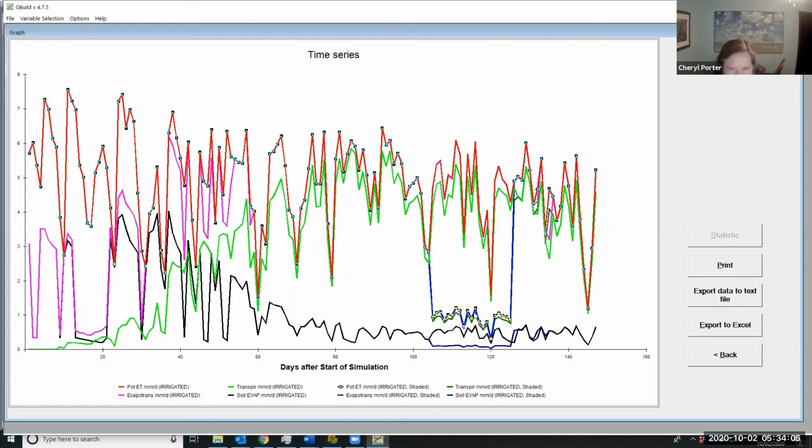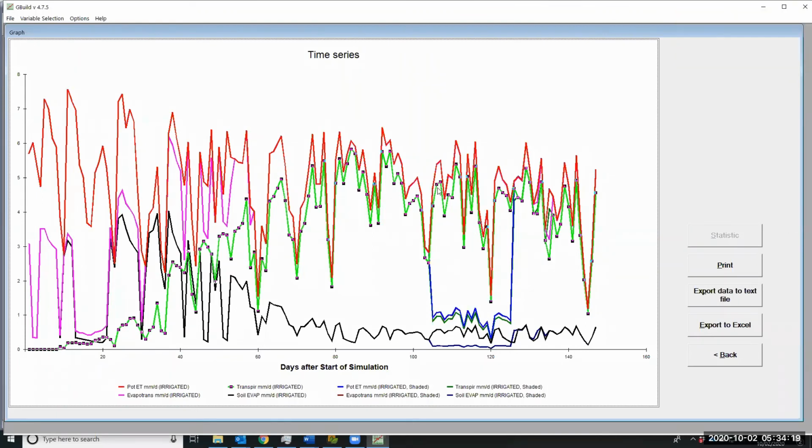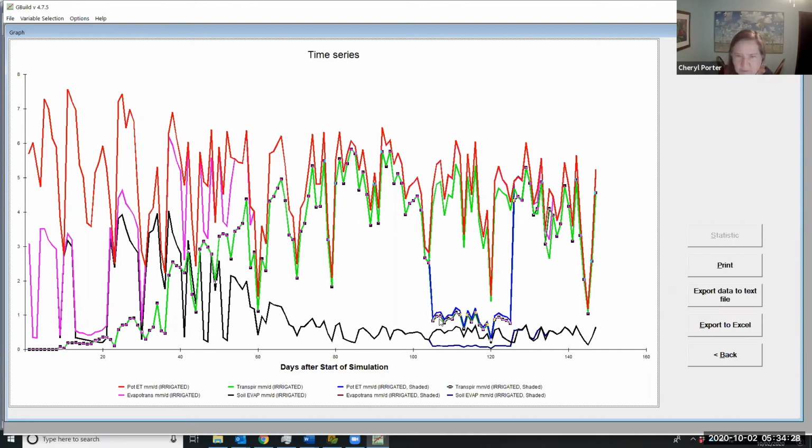And for the shaded, potential ET goes down to this blue line. Для опыта с затенением синяя линия соответствует потенциальной эвапотранспирации. The plant transpiration is this one, for the control, and for the shaded, this one. Это для контрольного опыта, а с затенением вот это.